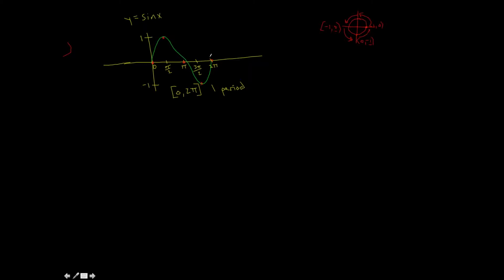Now, because this is a periodic function, what I can tell you very easily is that if we extended this on out, because there's an x-intercept at pi, notice every pi there's an x-intercept. 0, pi, 2 pi, there's an x-intercept. So there would be an x-intercept at 3 pi and at 4 pi. Because this is a periodic function, it's going to behave the same way.